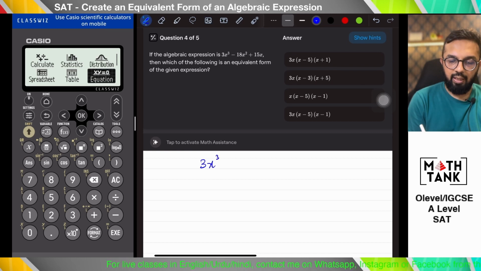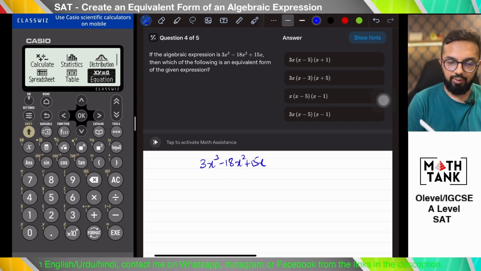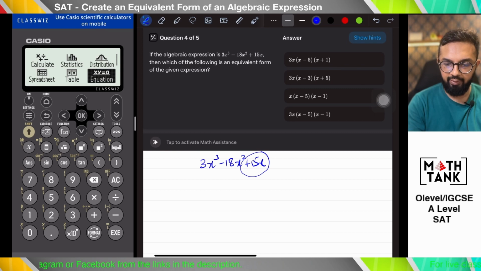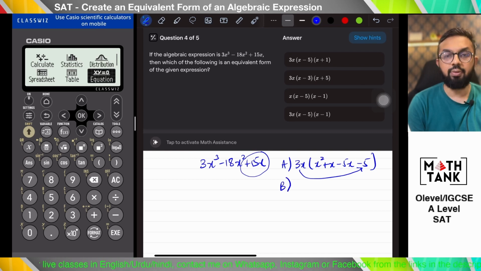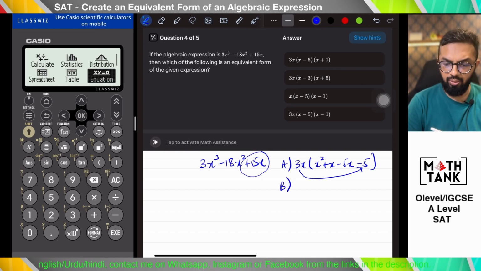I could factorize this, or I could do a bit of trial and error on the answer options. I see that I want a plus 15, that's 3 multiplied by 5. If I do the first one, plus x minus 5, x minus 5, if this gets multiplied, it's going to give me minus 15x. That doesn't work for me. So I go on and see if I can have a better answer option.